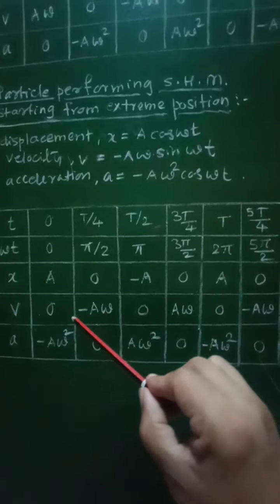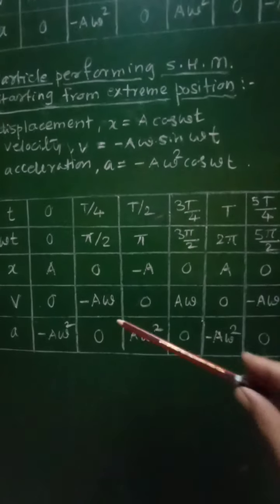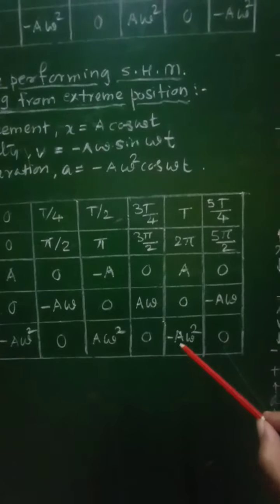For velocity, we will get 0, minus a omega, 0, a omega, 0, minus a omega. And for acceleration, minus a omega square, 0, a omega square, 0, minus a omega square, 0. Again, by using these values, we can plot the graph here for the displacement time graph.